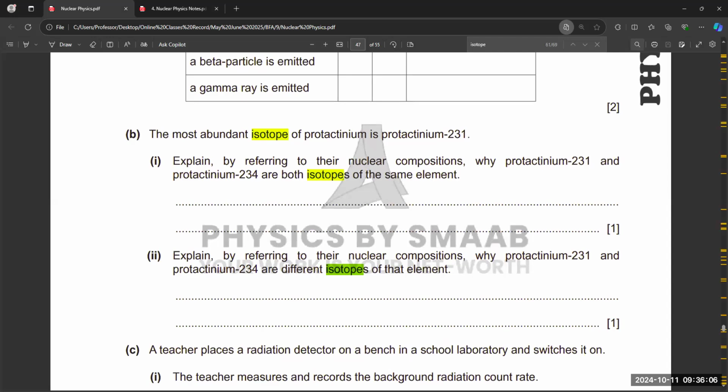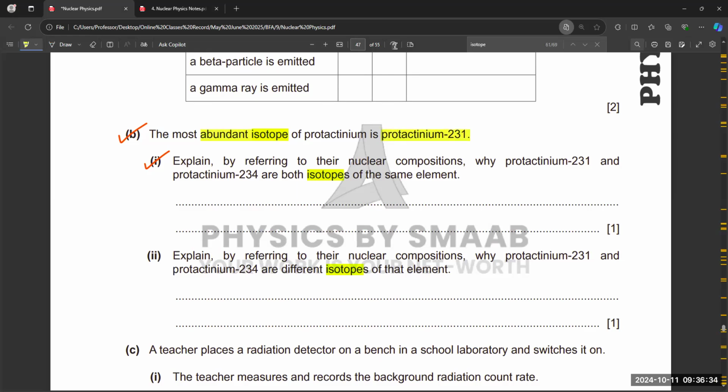Okay. Just for reference, to revise the concept of the isotope, consider part B of this question. The most abundant isotope of protactinium is 231. This 231 is actually the mass number, right?